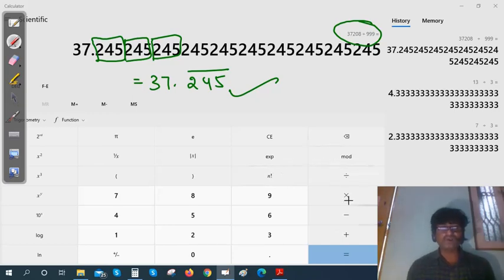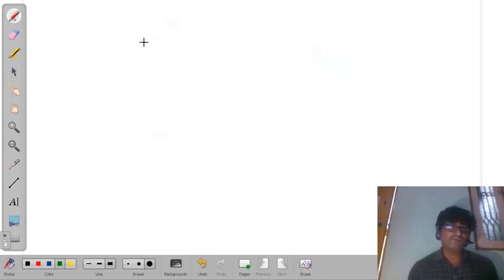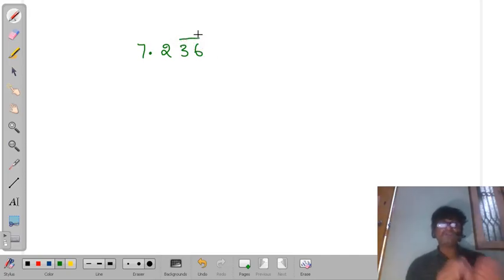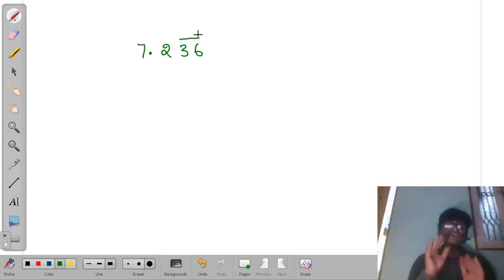But you may have one doubt. Let me take one more example. Suppose 7.236, where 36 is under the bar. That means after the decimal point we have a digit which is not under the bar.